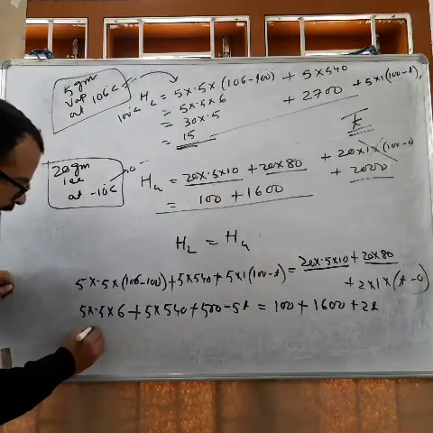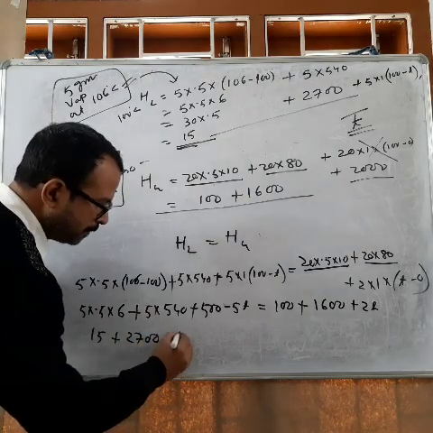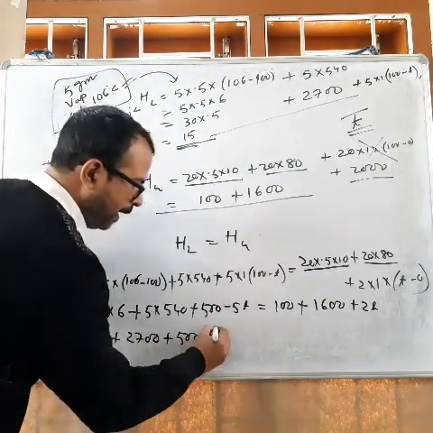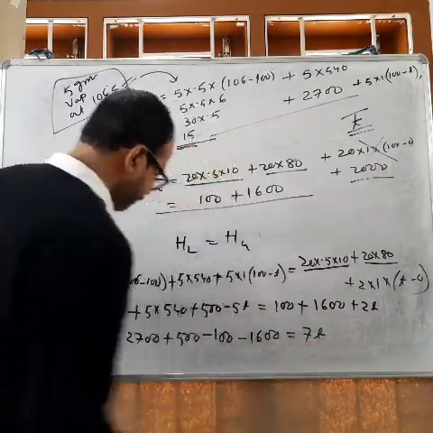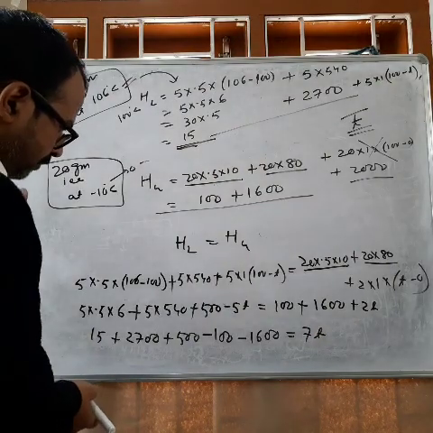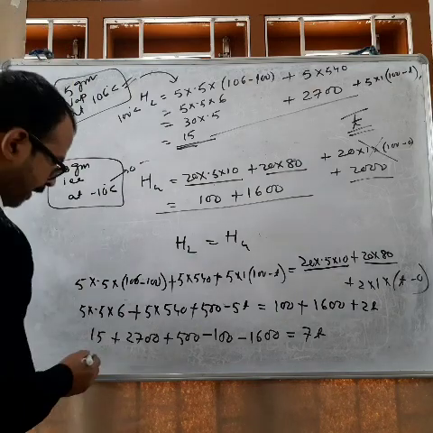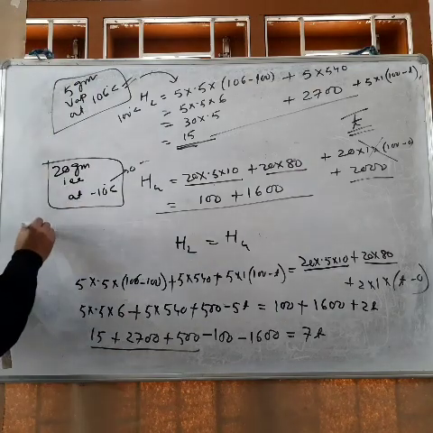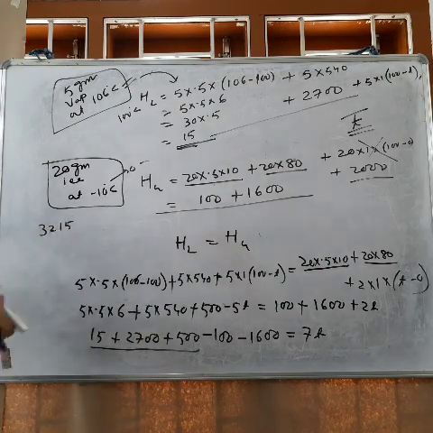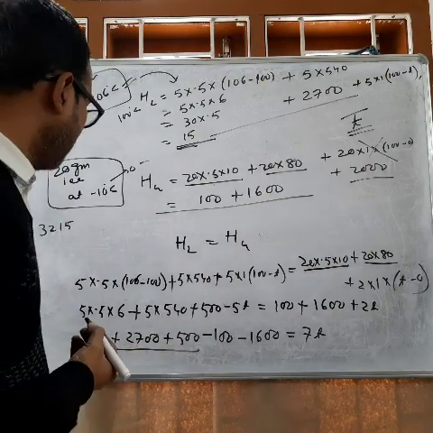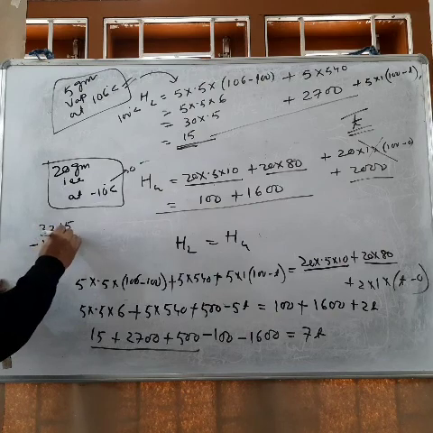Let me do the calculation. This part is 15, this part is 2700 plus 500 minus 100 minus 1600 equal to 7T. So let me write all this together. 2700 plus 500 is 3215 minus 1700.